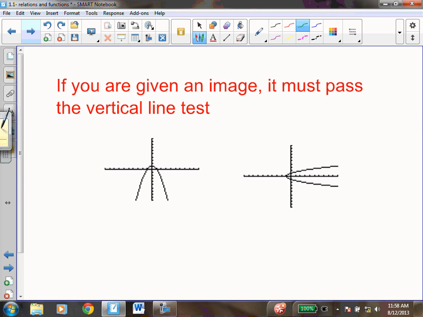You'll be given several situations where you have to determine whether or not you are given a function. Sometimes you're given a graph or a picture. If you're given a graph, it has to pass the vertical line test. Let's look at this first picture here. Each input has to have exactly one output. Our inputs in a graph will always be our x values.